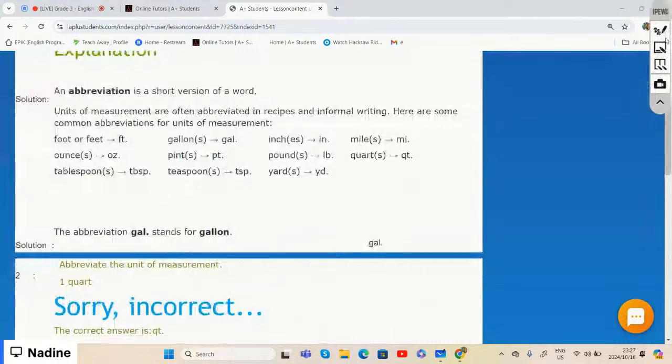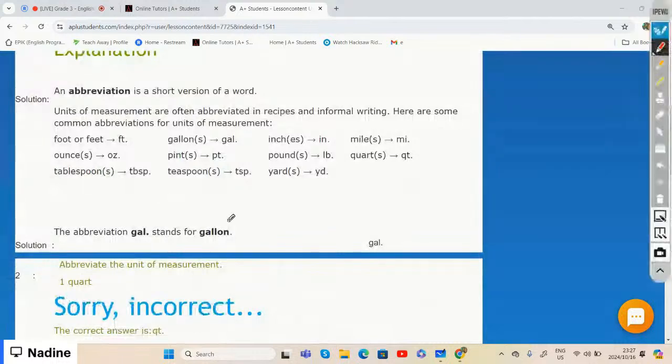Let's look at another one. Quote. One quote. How do we abbreviate quote?